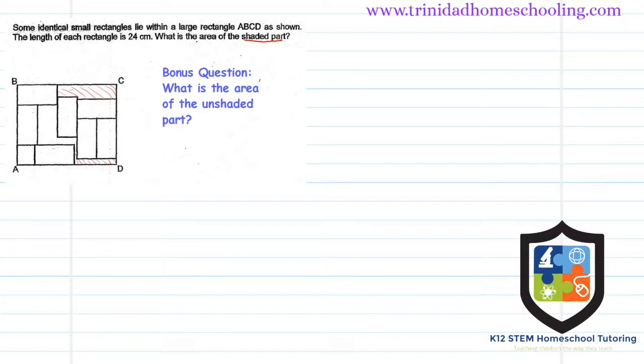So let's eliminate that by shading. We could see these rectangles here look pretty similar, right? We have a rectangle here as well, and then we have this piece. Now this piece is not identical to the others, so we'll eliminate that. So you could see where our identical rectangles are.